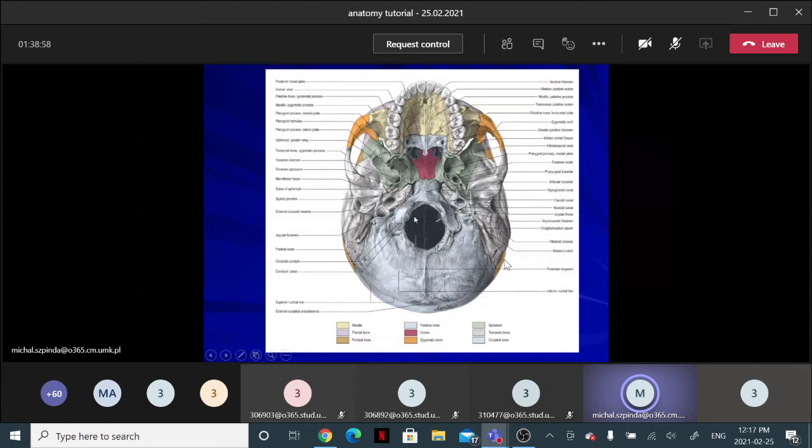It's invisible here, but the lateral part of the occipital bone is perforated transversely through the hypoglossal canal. The hypoglossal canal transmits the hypoglossal nerve. This is the last 12th cranial nerve.